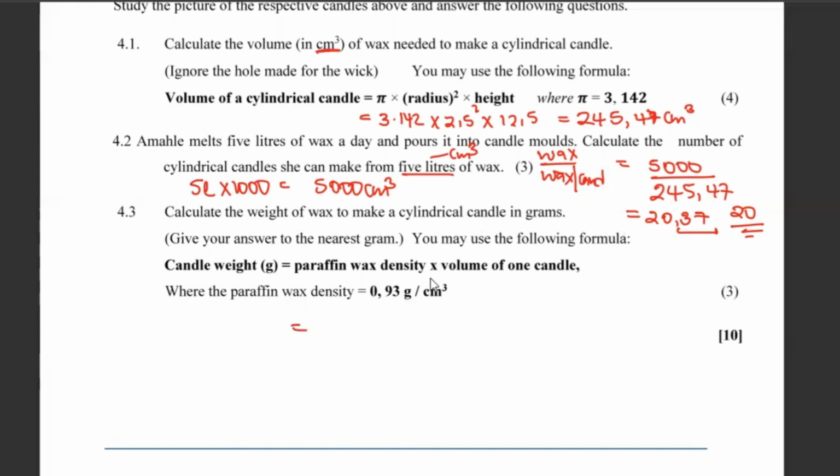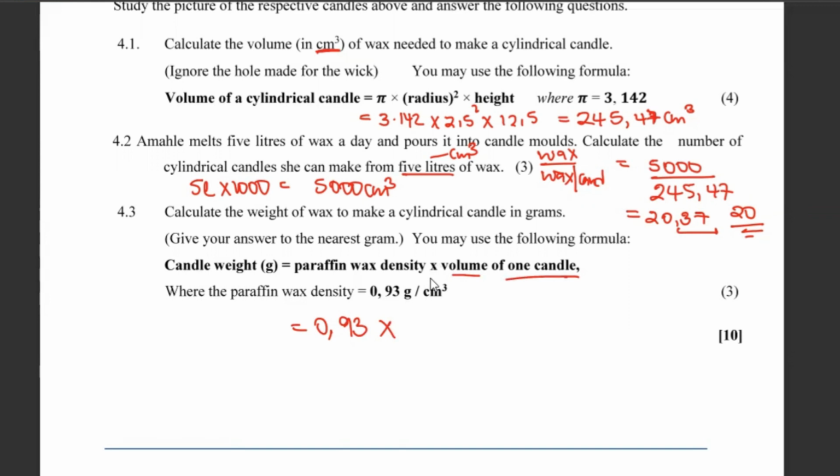They've given you the paraffin wax density as 0.93 grams per centimeter cubed. So paraffin density is 0.93 grams times the volume of the one candle.